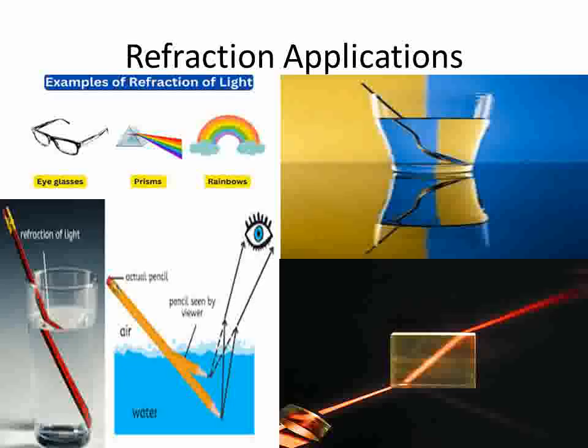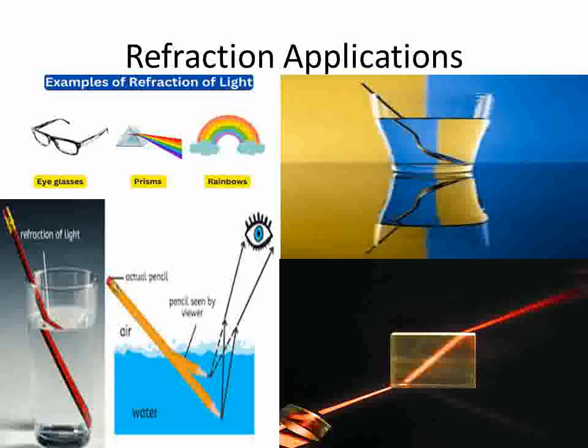This water container is placed on a reflecting surface so that the upper part and lower part are both observed here. The spoon appears to be bending virtually, not really, due to refraction of light.